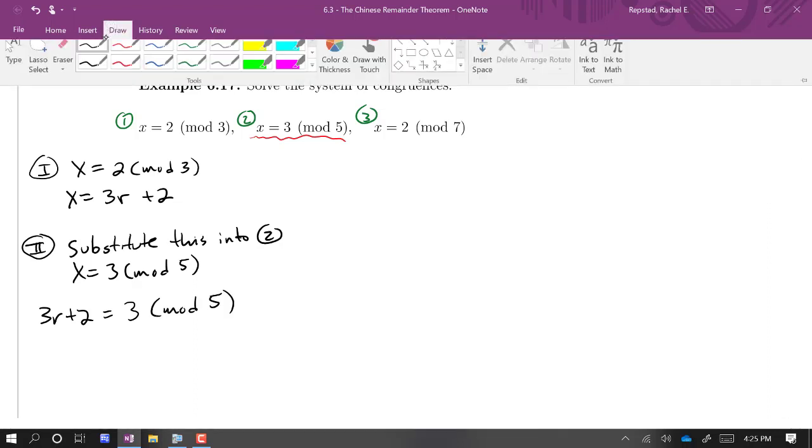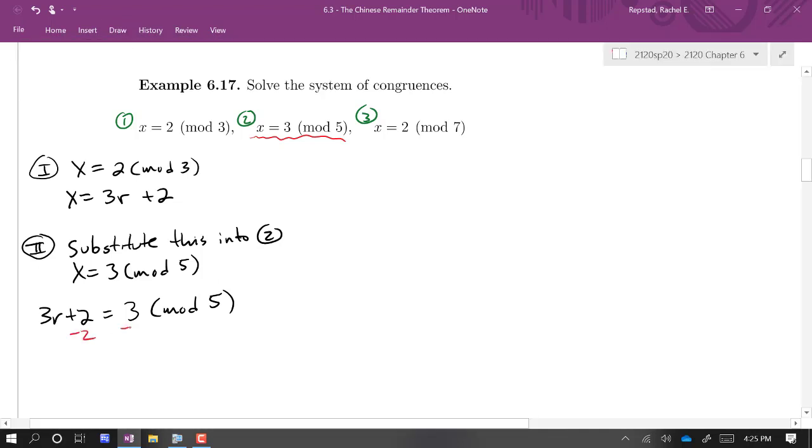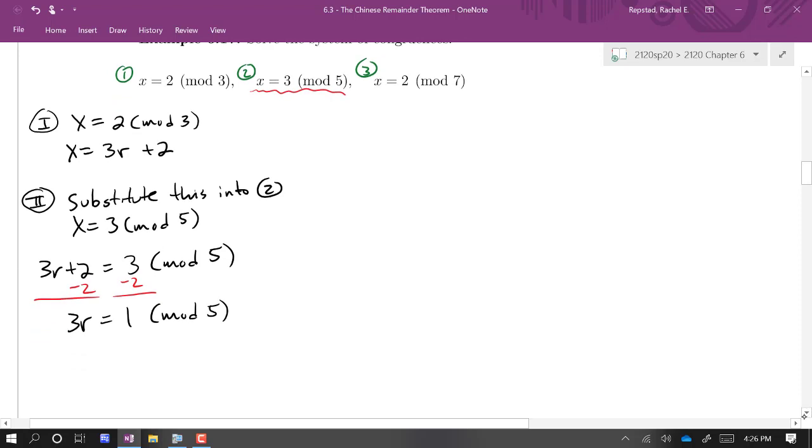We can subtract 2 from both sides, and we get 3r is 1 mod 5. To solve this, I need to know the inverse of 3 mod 5. You might recall we figured this out before: that inverse is 2, because 3 times 2 is 6, and that's 1 mod 5. And so we find that r is 2 mod 5.